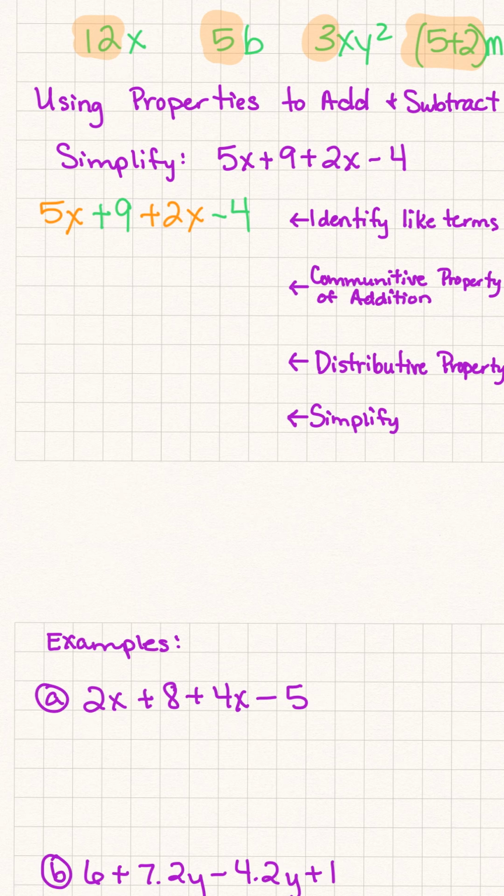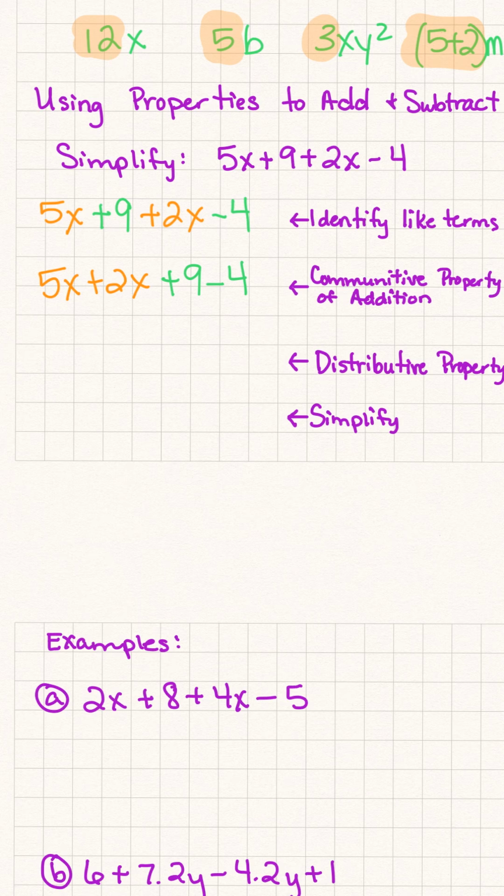So now we're going to use the commutative property of addition, which means we can switch things around. So now we're going to have 5x plus 2x plus 9 minus 4. Now we're going to use the distributive property.